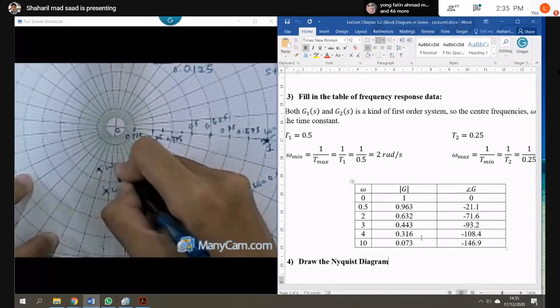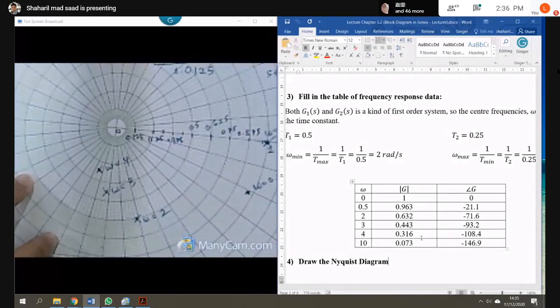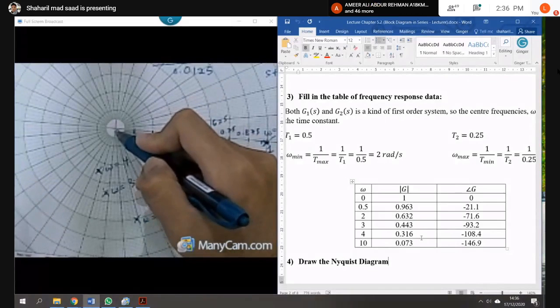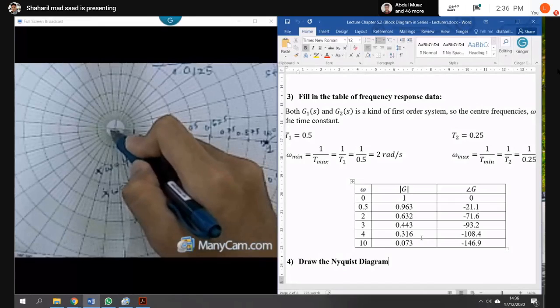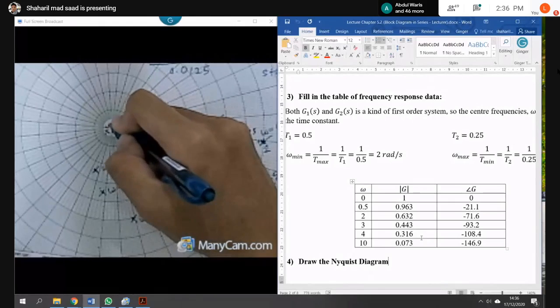Okay, so this one is omega equal to 4, and omega equal to 10 is almost 0 here. So minus 146. Yep, you can say like this one. So this one is omega equal to 10.